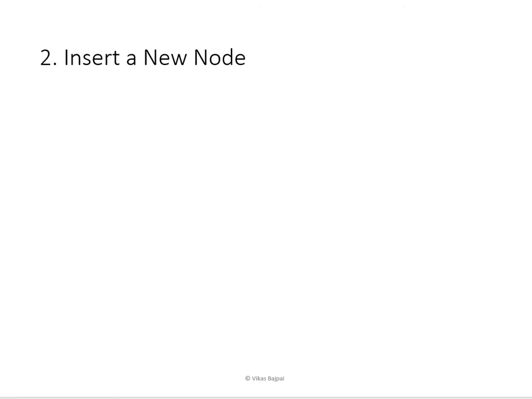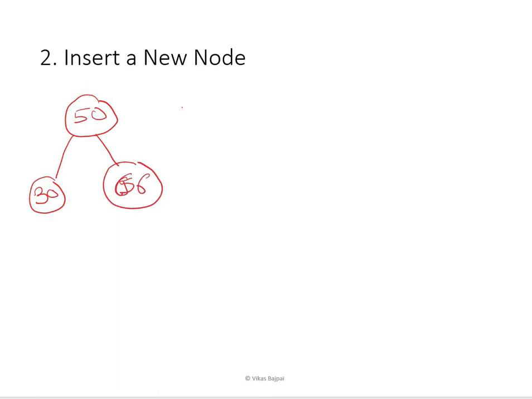Let's take another example. Let's say I have the initial condition of my BST is something like this. Let's say this is 66. Now I need to insert a value 100.